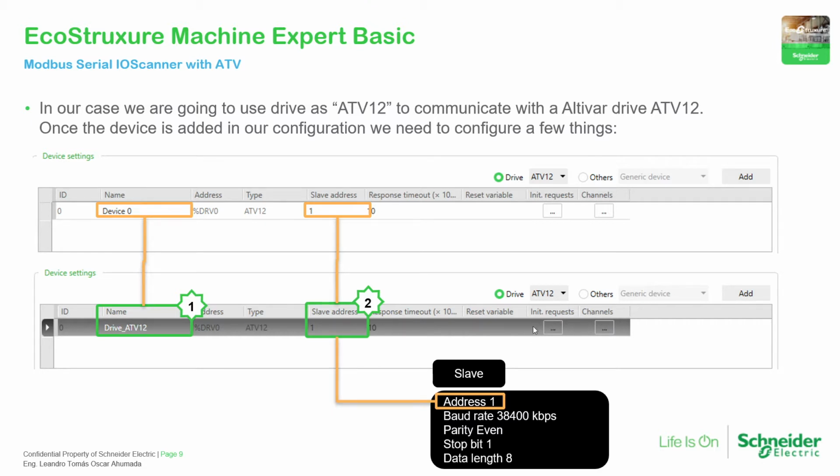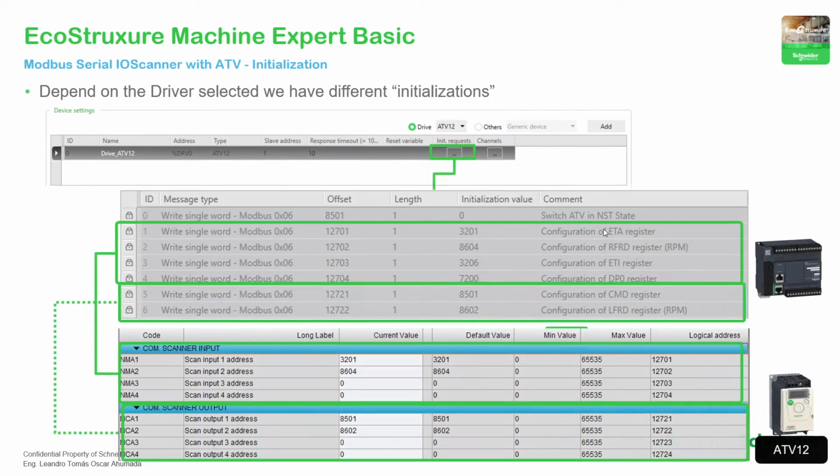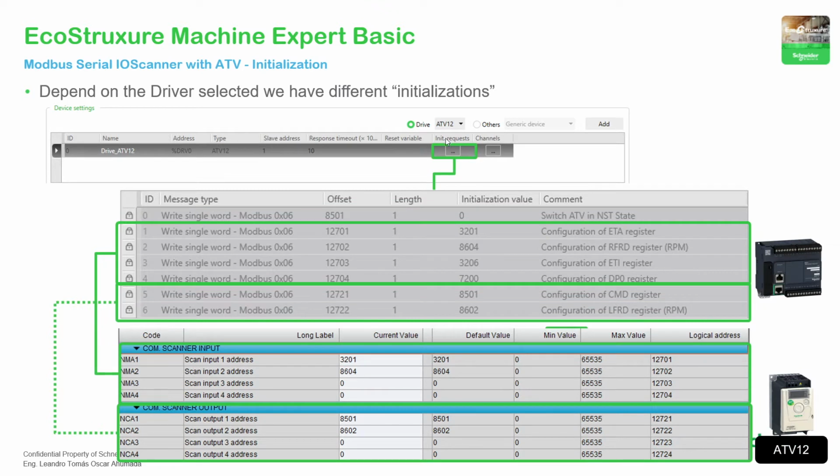Once you have this, we still have the initial requests and channels. Now, in the initial request, we have some predefined configuration. This configuration is linked to the scanner input and output that we have on the drive in order to easily exchange the variables that we want.